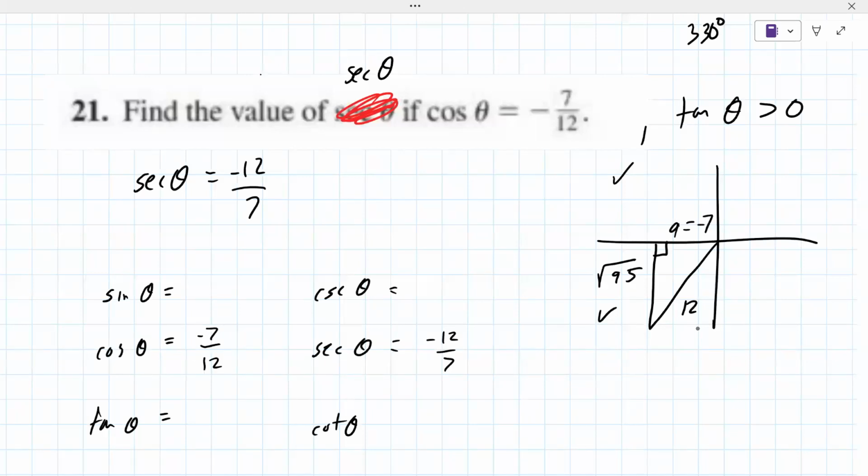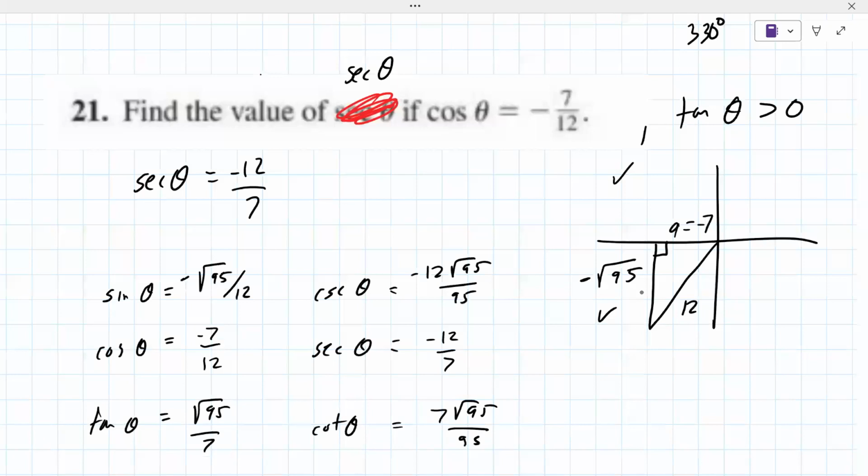And then you get, unfortunately, the more difficult ones. This is square root of 95 over 12. This is 12 root 95 over 95. And actually, this is supposed to be negative because you're going down. Almost missed that. And then tangent theta is root 95 over 7. And this one is 7 root 95 over 95, like that.